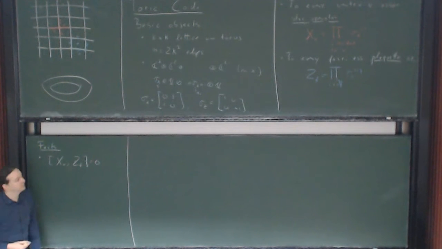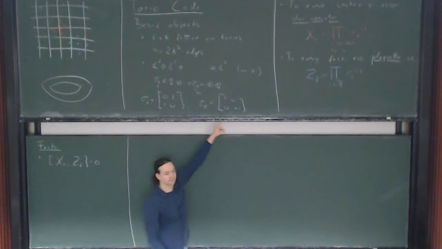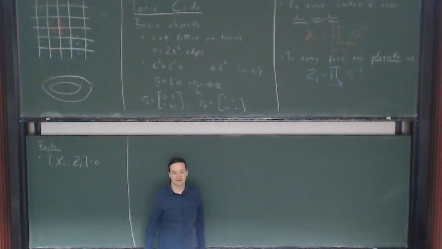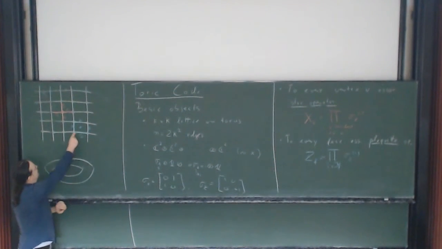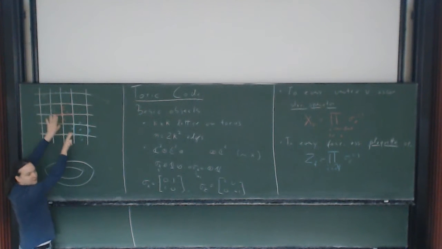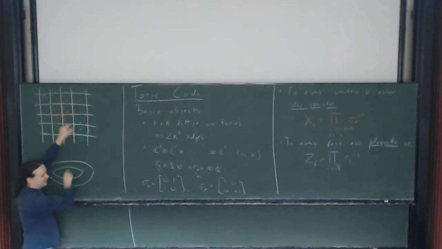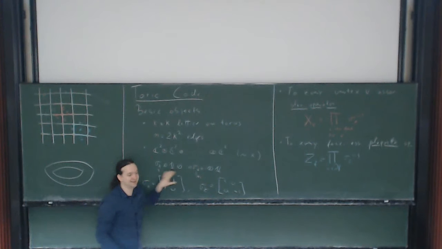But the reason is very simple, because sigma x and sigma z anticommute. If I take some plaquette and some star, then they either live on disjoint parts of the lattice, and then only meet at identities, right? So they always commute.